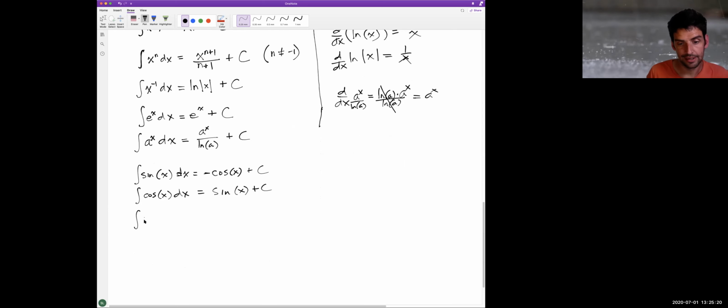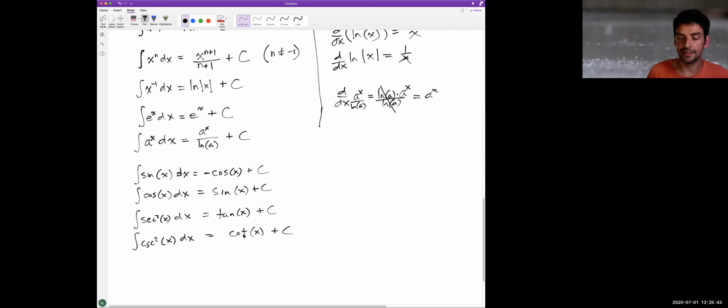We'll get secant squared x dx. And all of these I am just getting from memory. I'm just remembering that the tangent of x has a derivative of secant squared. For cosecant squared of x, I have to remember that the cotangent has a derivative of negative cosecant squared, so I'm going to have to put a negative in front of it to make it positive after I take the derivative.